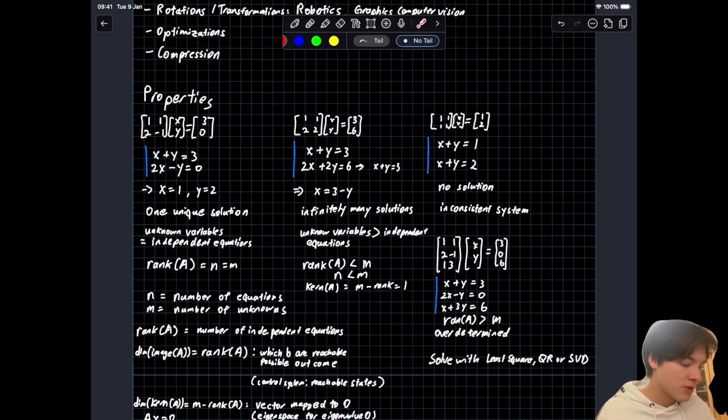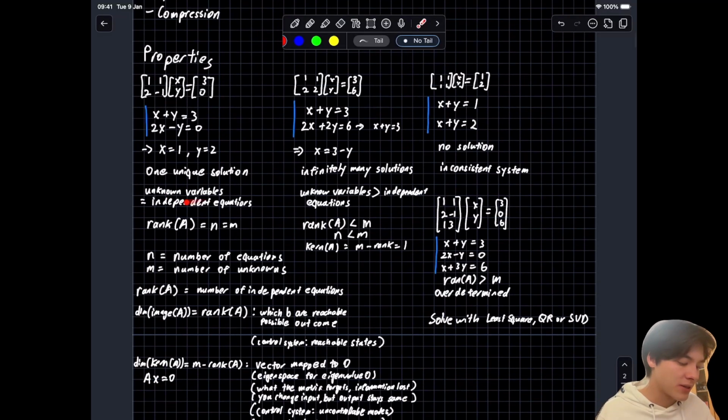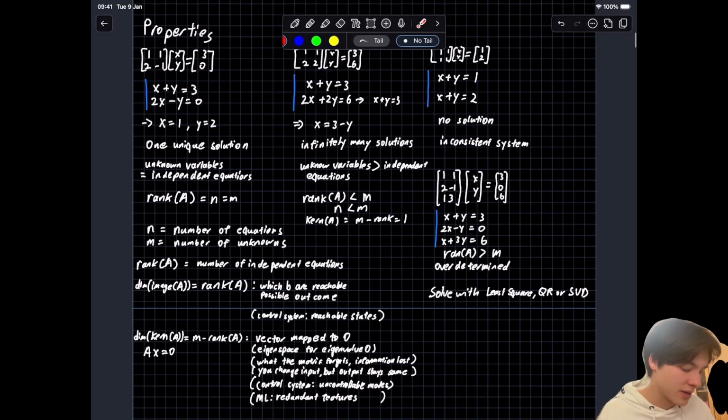Here, the number of unknown variables is exactly the same as the number of independent equations. So we have 2 unknowns, 2 equations. So the rank of matrix A is n, and it also equals n.